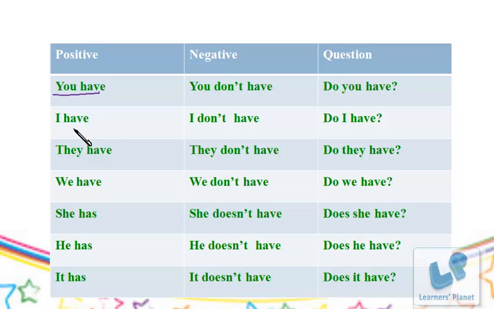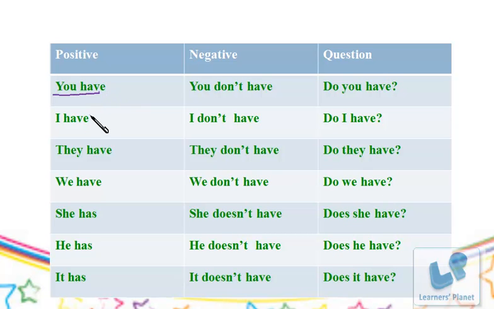Next one is I have. I don't have. Do I have? They have. They don't have. Do they have? We have. We don't have. Do we have?